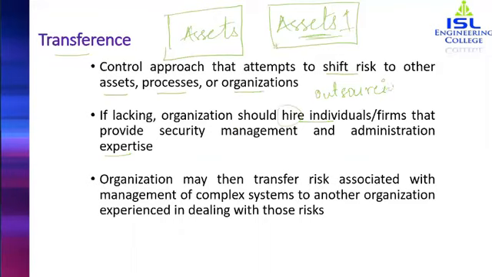Outsourcing is where you're completely hiring another company that is not part of your company. You're hiring other people to protect your company. That is outsourcing. Then the next one is that the organization may transfer risk associated with management of complex systems to another organization experienced in dealing with those risks.